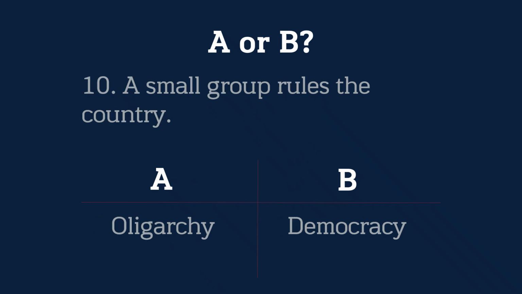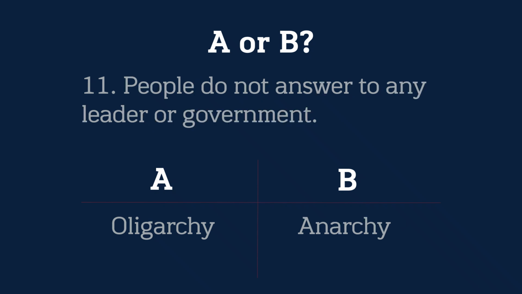Number 10, a small group rules the country. Is it A, oligarchy, or B, democracy? Number 11, people do not answer to any leader or government.